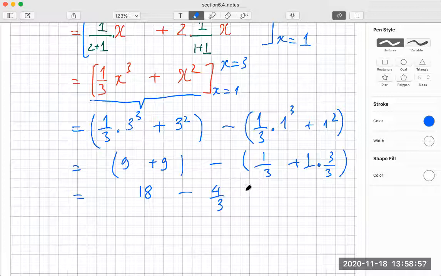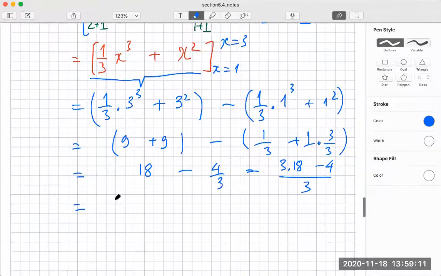Then finally, it gives us 3 times 18 minus 4, divided by 3, which is 50/3. Okay. Well, this kind of problem is not very difficult, but we need to understand how to set up an integral here, right?